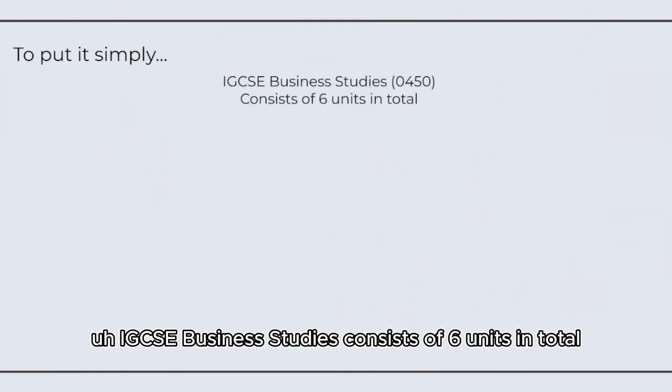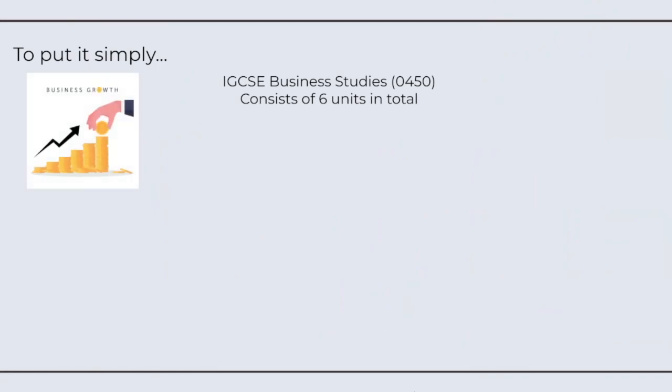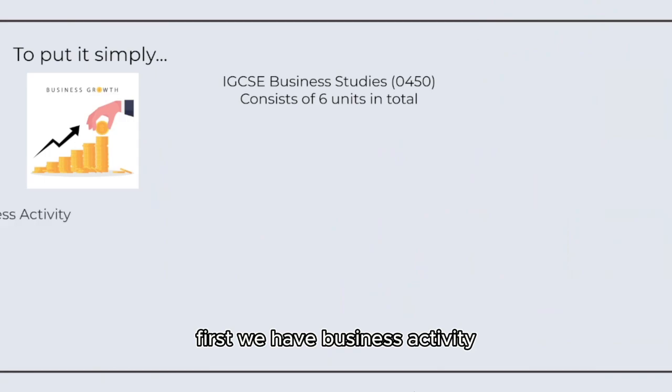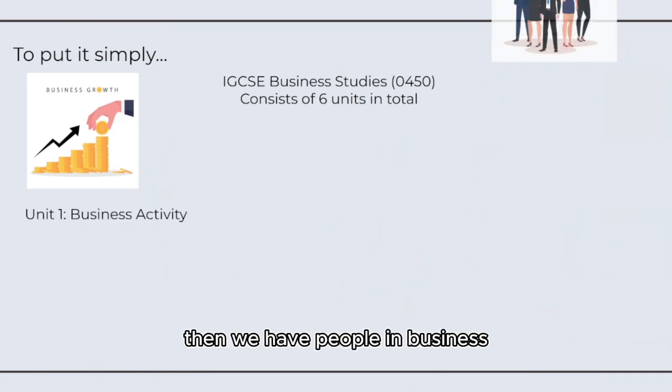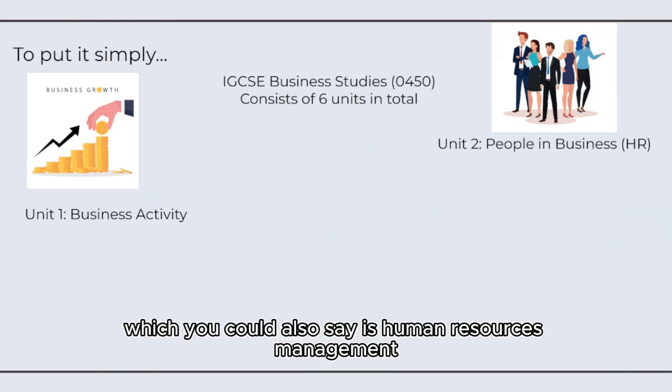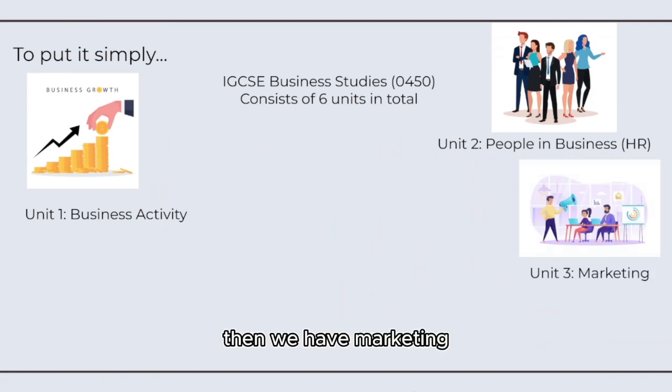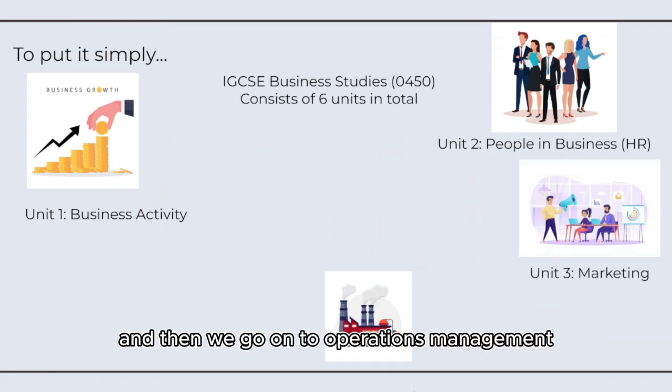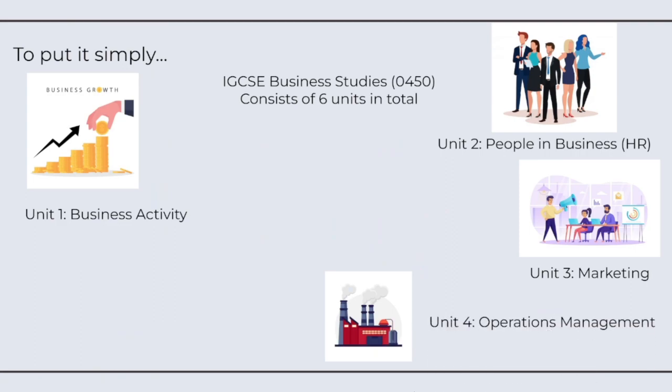Okay, to put it simply, IGCSE Business Studies consists of 6 units in total. First, we have business activity. Then we have people in business, which you could also say is human resources management. Then we have marketing, and then we go on to operations management.